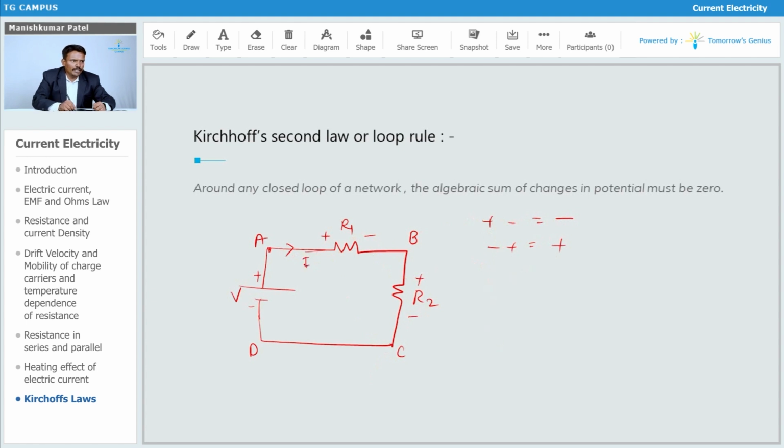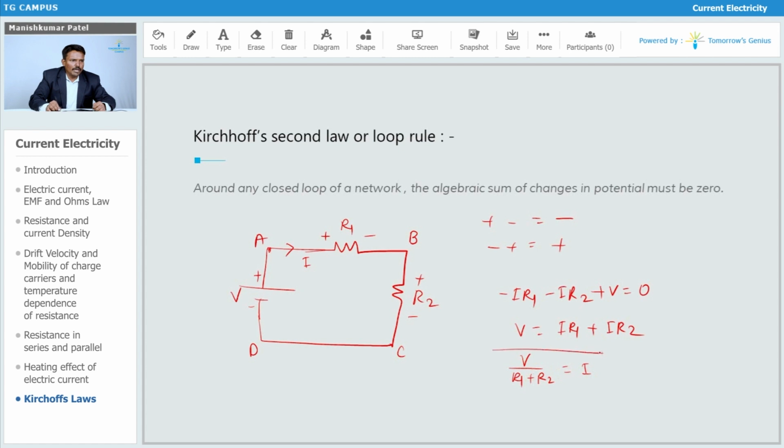So you can write minus IR1, then minus IR2, plus V is equal to 0. Finally you are going from minus to plus, so we have considered that as a plus. So V equals IR1 plus IR2, or I equals V upon R1 plus R2.